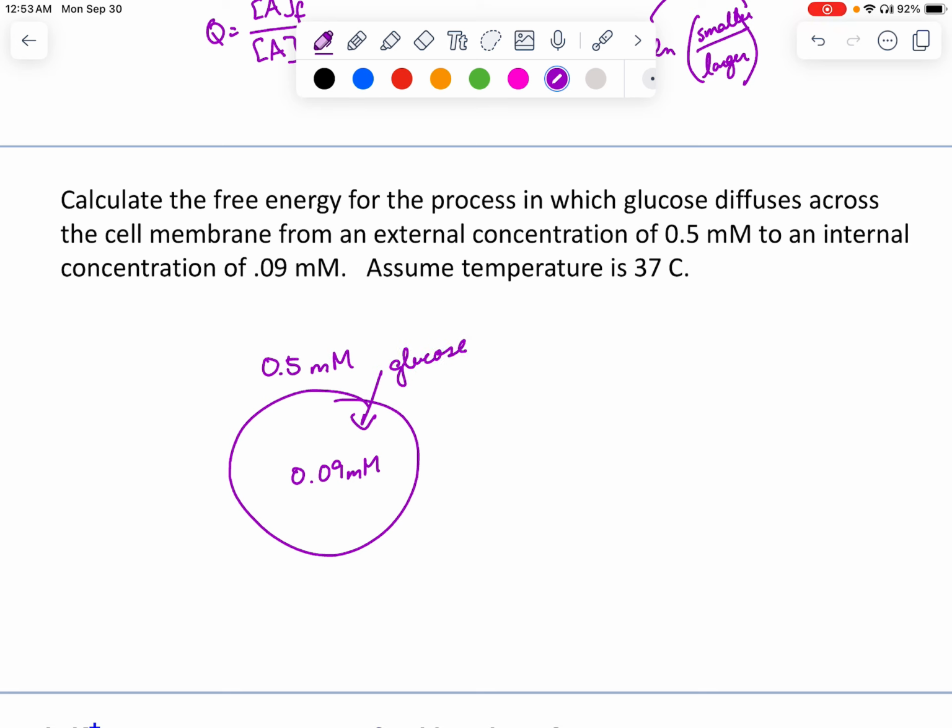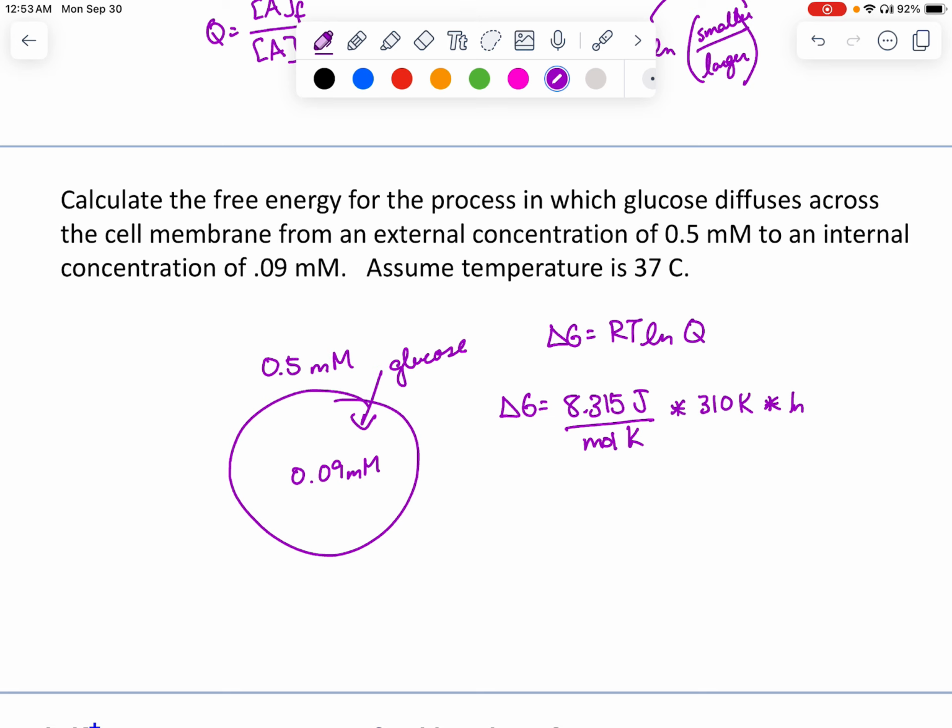So if I write my equation, I know delta G equals RT natural log of Q. I know delta G equals R, so 8.315 joules per mole Kelvin. We often use 8.314, whichever is fine, times 310, because we need our absolute temperature, times the natural log. Now it's going from the higher to the lower concentration.